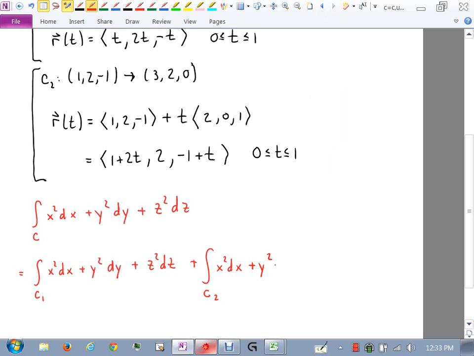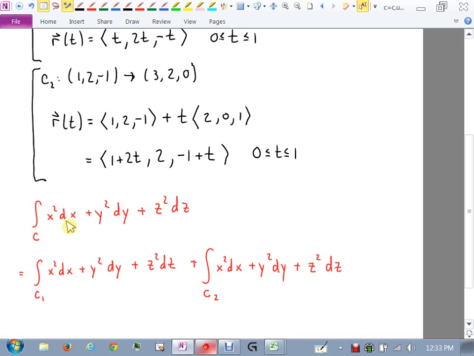Oh, by the way, I just noticed right now, actually we're not going to do the derivative of r and take its magnitude. Why?